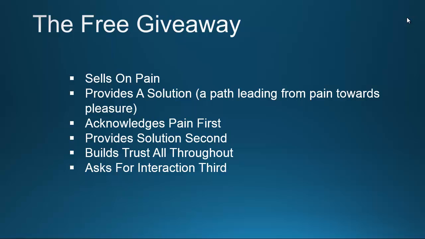Now, you have to remember that these people are also getting sold a segmentation sale before they even read any of this. So keep that in mind when you're creating your free giveaway, because if your free giveaway and your segmentation sale conflict with each other, meaning, a lot of times I'll see a company set up a free giveaway and a segmentation sale, where they'll be giving away a $100 product for $5 as a segmentation sale.